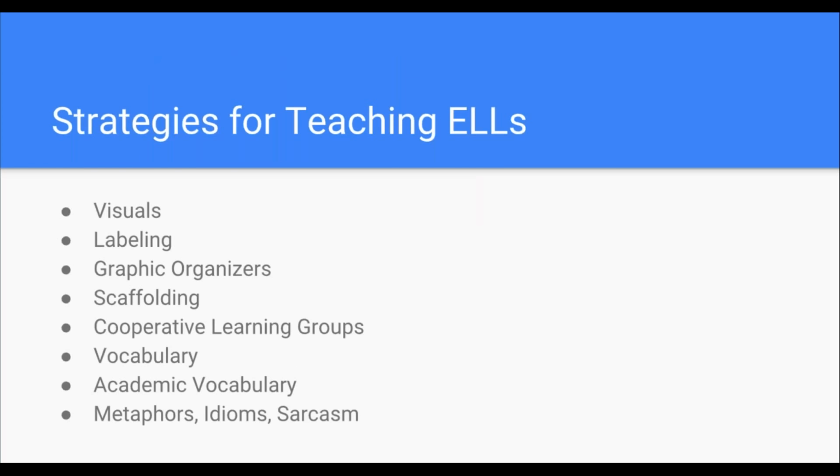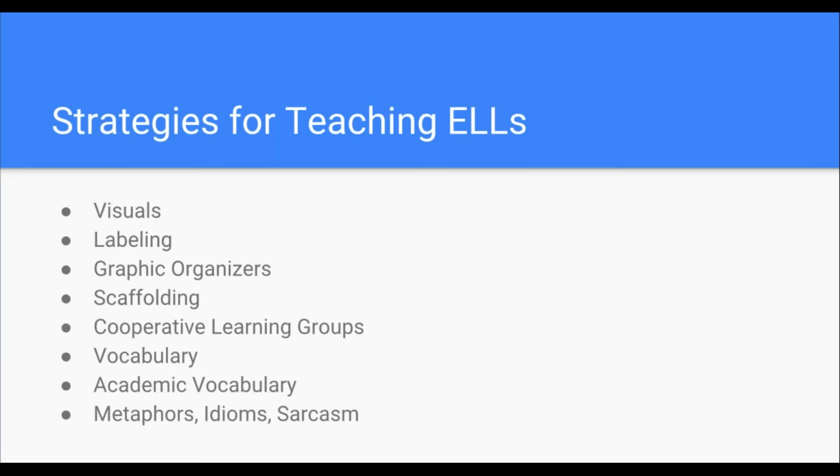So then let's talk about what this is mostly about, which is our strategies for working with these students. I have examples of all of these, but the biggest ones are visuals. Visuals are very crucial to understanding language. If you were learning a new language, you would want a picture to go with the word to help you understand it better.